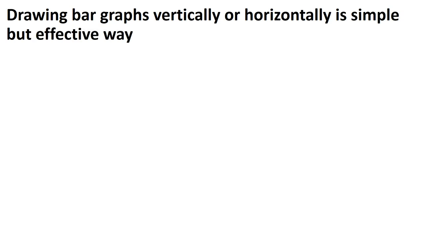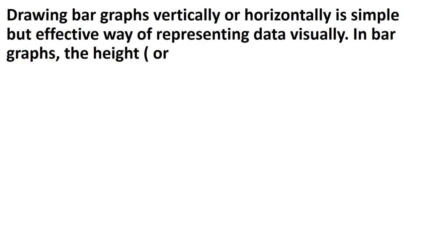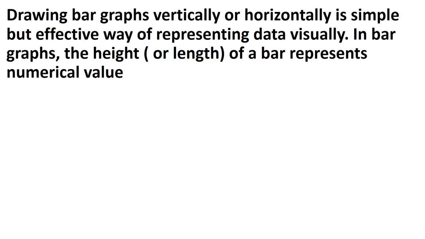Drawing a bar graph vertically or horizontally is a simple but effective way of representing data visually. In a bar graph, the height or length of a bar represents the numerical value of data.